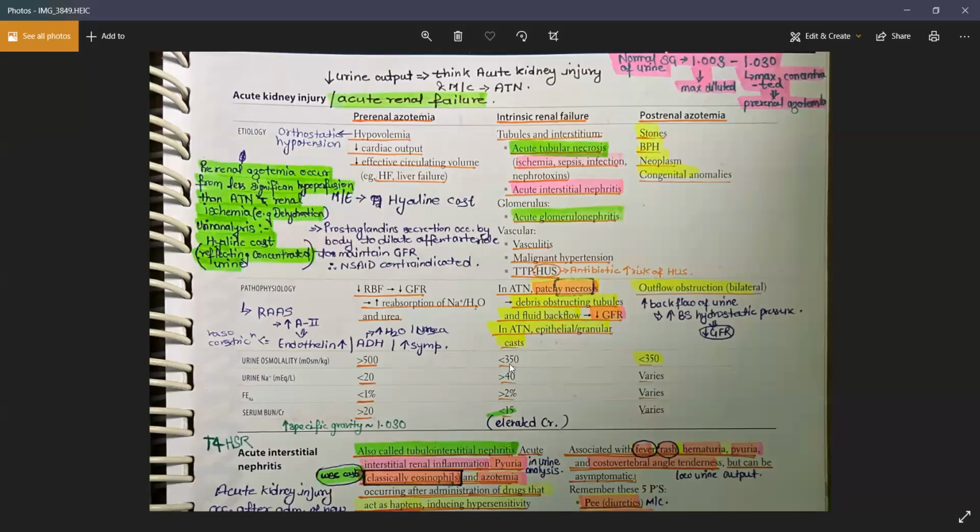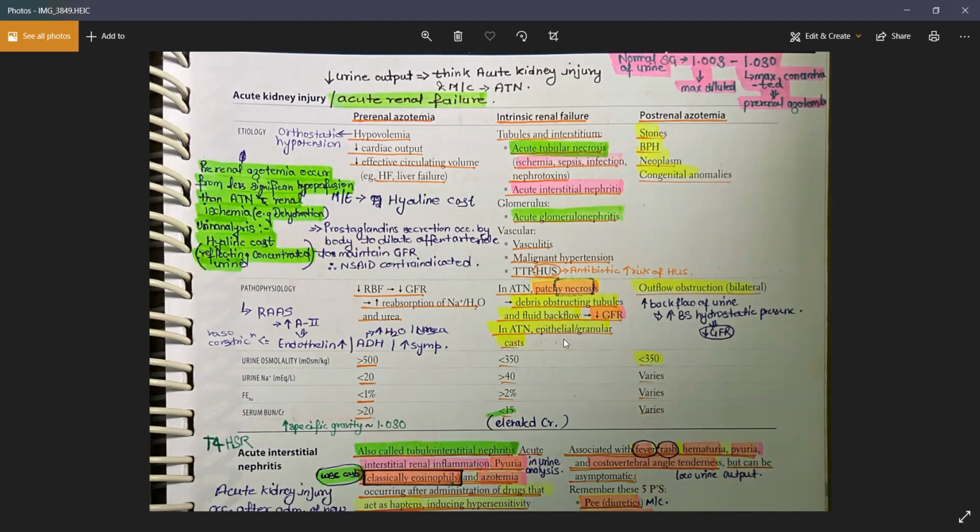Because your kidney now cannot concentrate the urine, they cannot reabsorb the water, so you will have a low osmolality of the urine. The BUN cannot be reabsorbed properly because ADH is not functional. So you will have a low ratio of BUN to creatinine, less than 15. And the creatinine will be elevated significantly because you have a loss of GFR also, right?